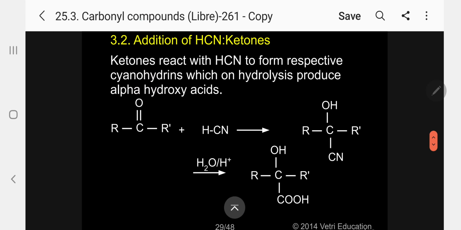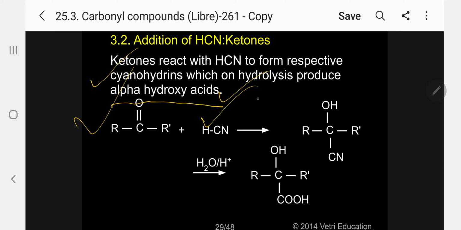Coming to addition reactions of HCN to ketones, the general formula is R-CO-R. Ketone reacts with HCN to form the respective cyanohydrin, which on hydrolysis produces the same alpha hydroxy acid. So here, as usual, they undergo addition reaction. This is the intermediate, which on hydrolysis produces hydroxy acid.